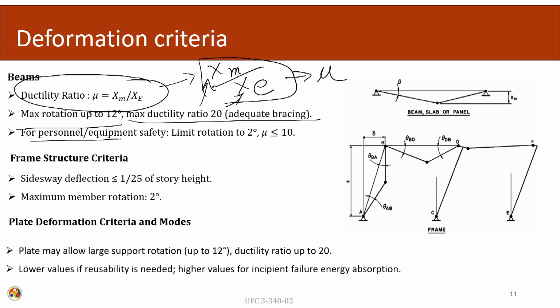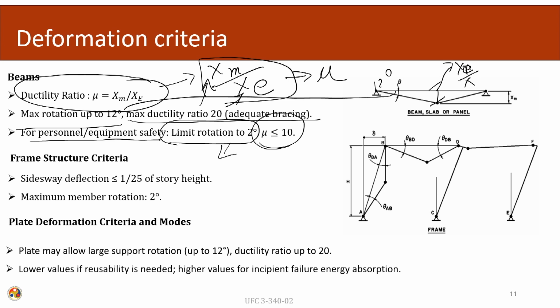And for personnel or equipment safety, this limit of rotation is restricted to 2 degrees and the ductility has been restricted to less than 10. So, theta allowed here was 12 degrees and the ductility ratio, if you are expressing this in terms of xm divided by xe, a ratio of the maximum deflection and the elastic deflection, normally it is 20.